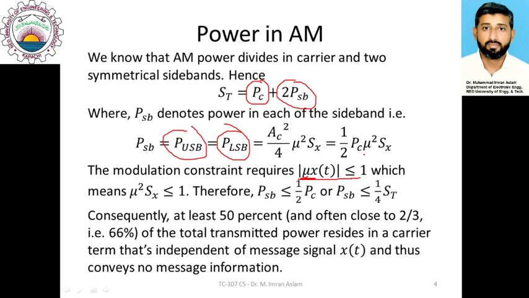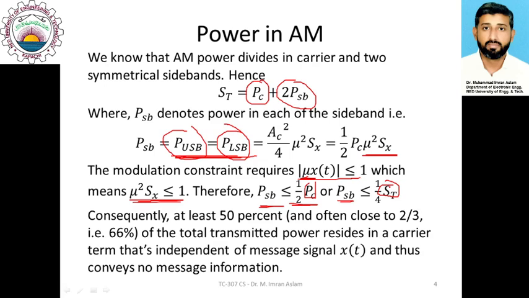That means this mu square Sx, which represents the lower and upper sideband powers, is also smaller than 1. In that case, the power in a sideband is less than half of the power in the carrier, or in other words, the sideband power is less than 1/4 of the transmitted signal. So the overall power in the sideband is significantly smaller than the total transmitted power.